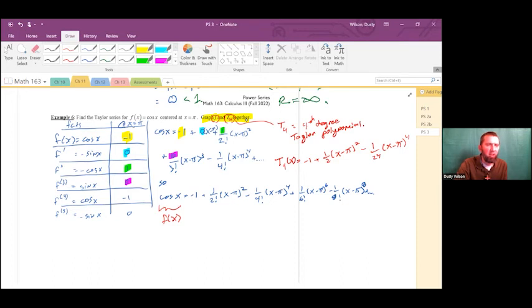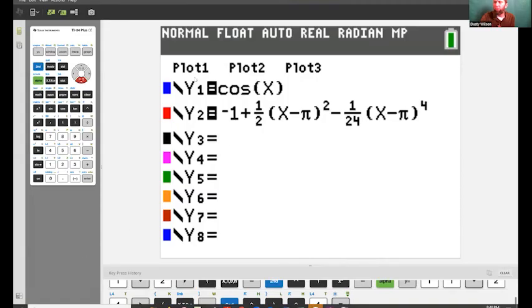And here I've taken the liberty of entering the two functions into my y equals. So in y1, here's our f of x. And in y2, here is our T4 fourth degree Taylor polynomial we're using to approximate the cosine. So let's see how these look together.